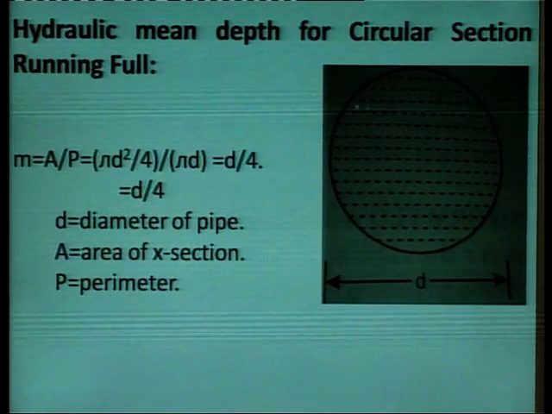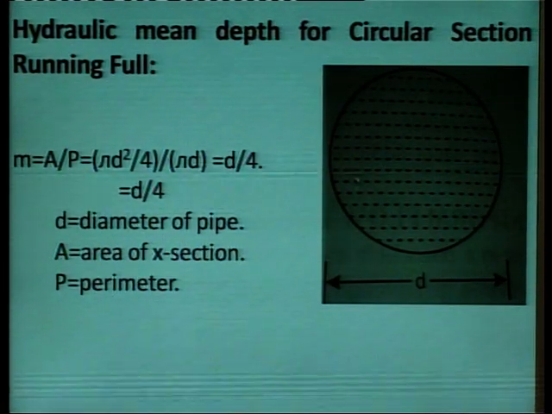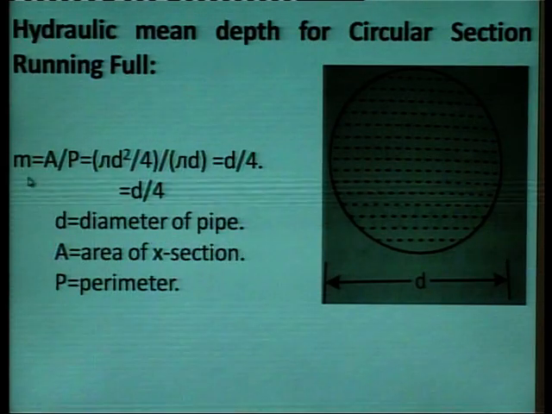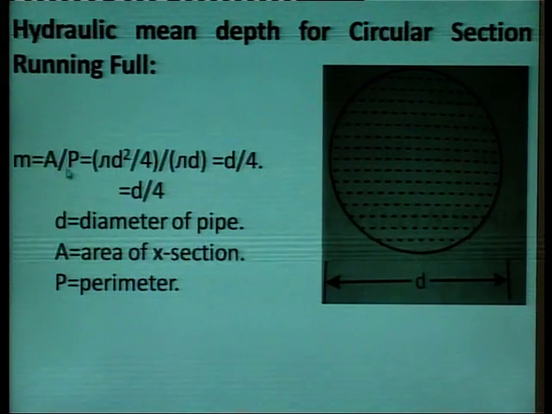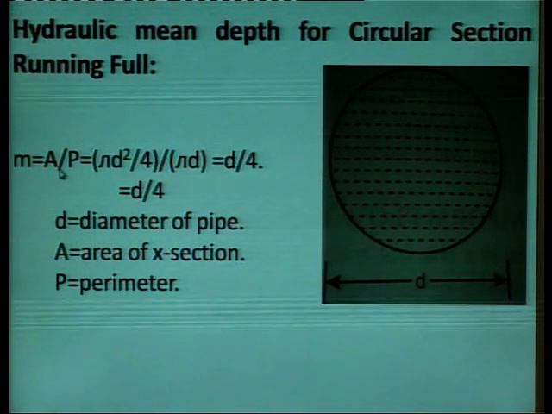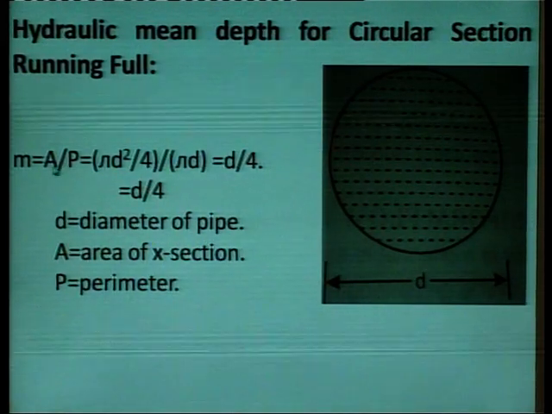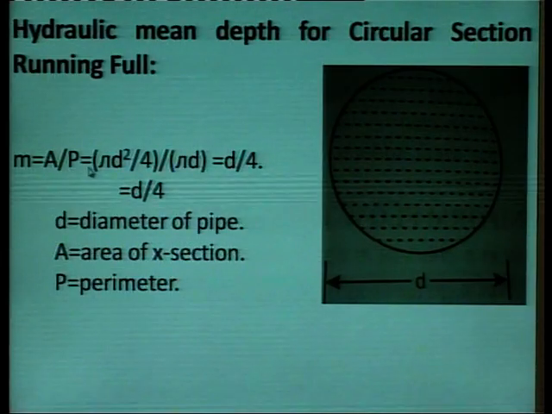The hydraulic mean depth, as we had discussed earlier, is equal to the area divided by P, means the total area of the flow divided by wetted perimeter.